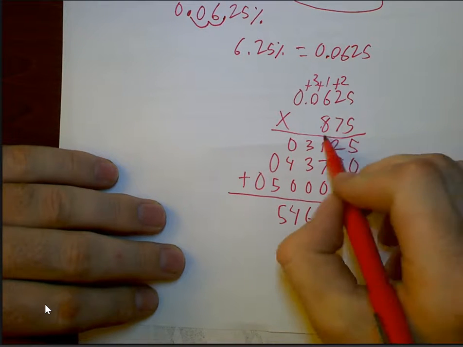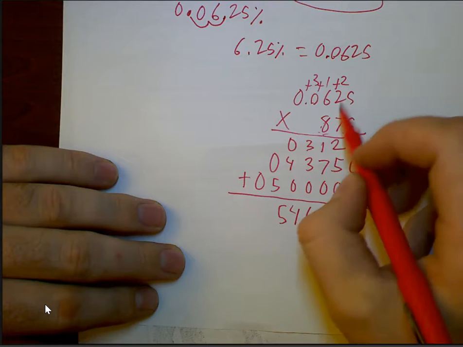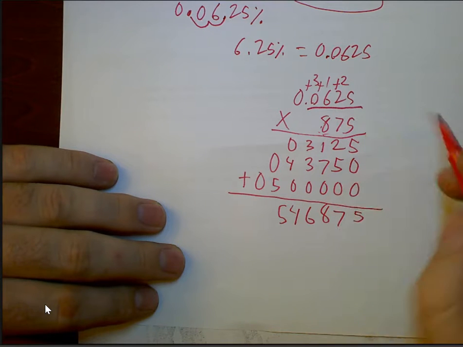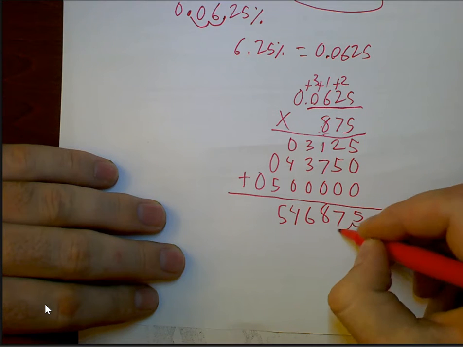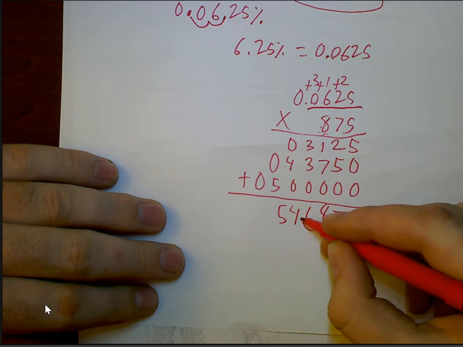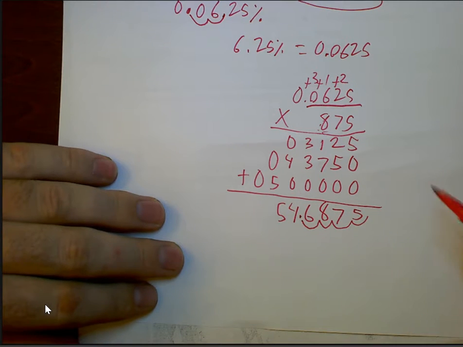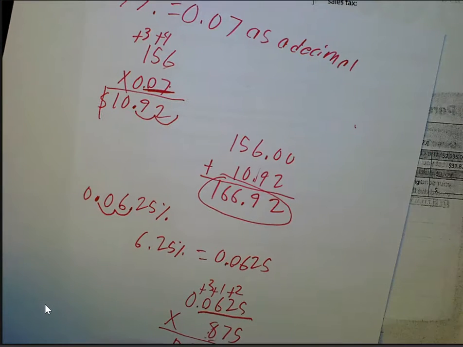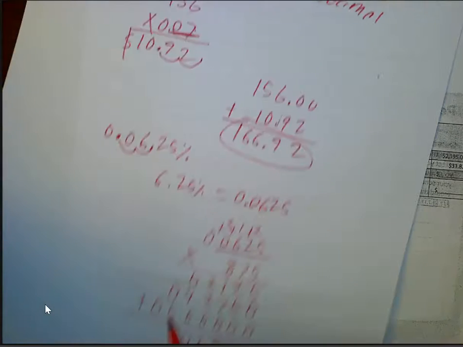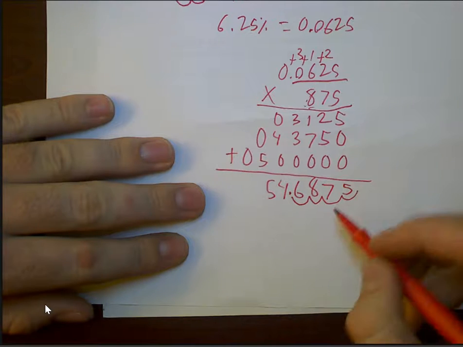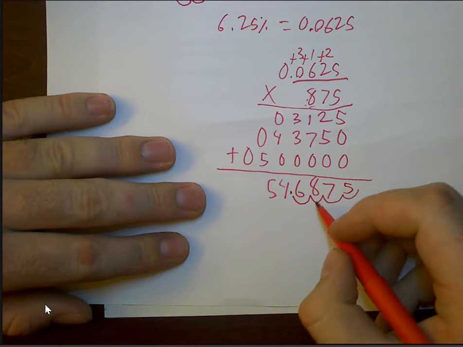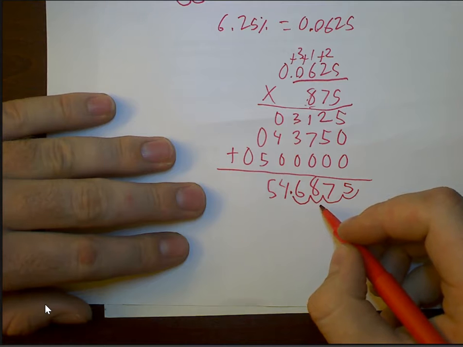Okay, so there's no decimal places in 875. That's just a whole number, but I have 4 here. So 1, 2, 3, 4. Now I know in the question, in the bold at the very top, it says round to the nearest cent if necessary. We know cents, that is the 100th place.